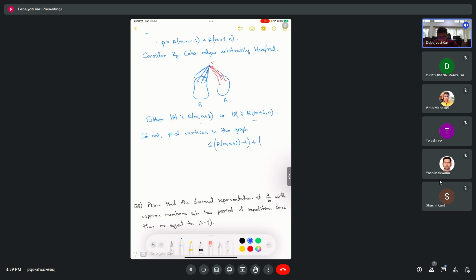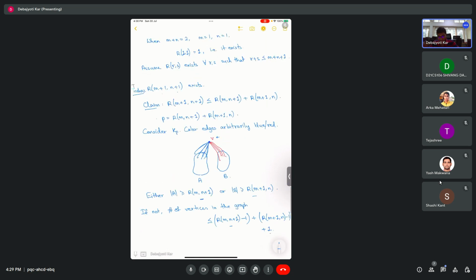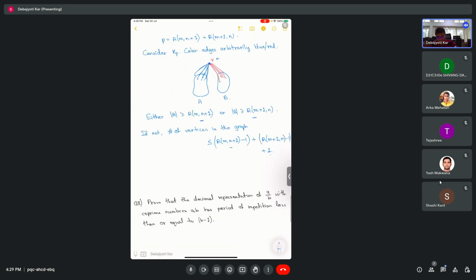Similarly, the size of B is at most this, and this plus 1 is for the vertex v. So if both these conditions fail, the size of A is at most this, and similarly the size of B is at most this, and there is one vertex v here, which is plus 1. So then what is this equal to?